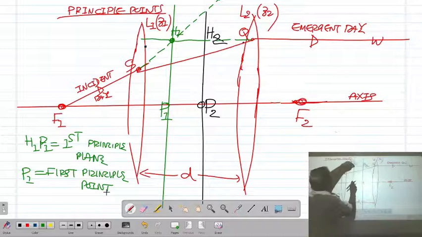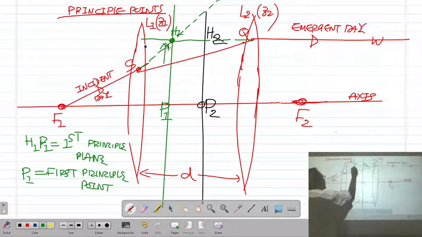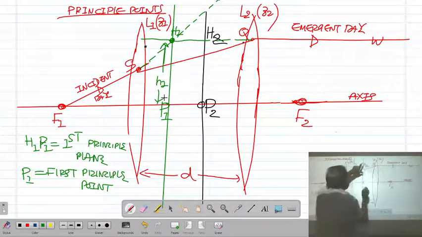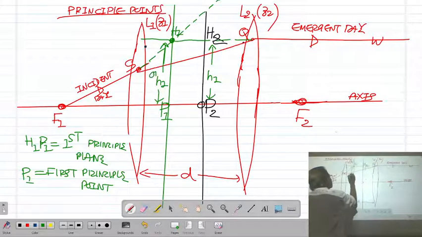Suppose you consider H1P1 as the object. Then the height of the object is h1, and its image will be H2P2, whose height is also h1.